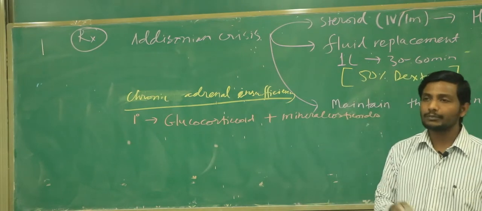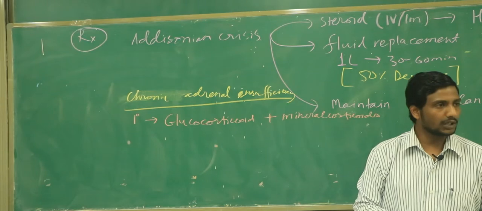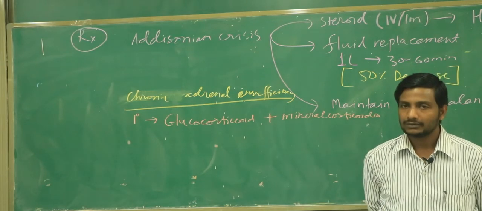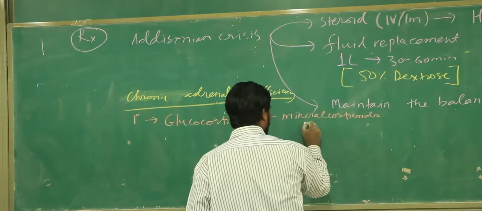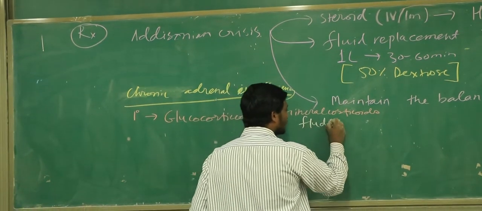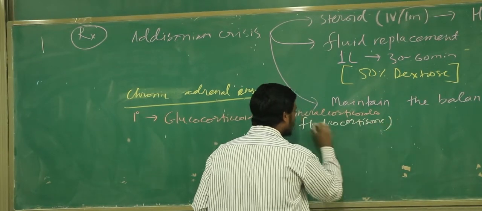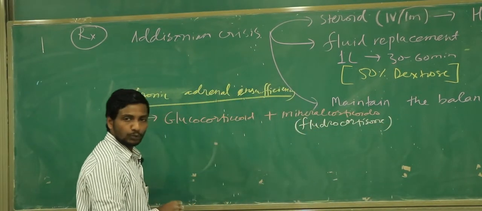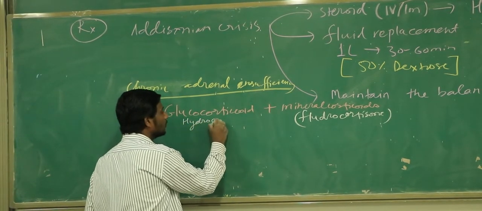So what is a very common example of a mineralocorticoid? You can guess it. It begins with F. Oh, it means you don't know, right? So we call it fludrocortisone. So the very common example is fludrocortisone. Fludrocortisone is mainly going to have the mineralocorticoid property, but the glucocorticoid property is mainly going to be seen with hydrocortisone.